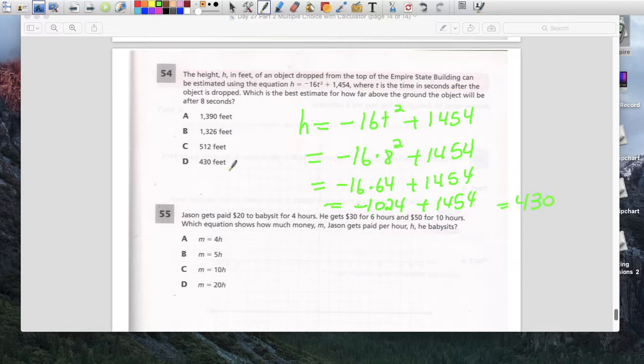You can ignore this question, but if you wanted to attempt it, that would be how far it dropped. In other words, after 8 seconds, this is how much the ball traveled. If the height of the Empire State Building is 1,454 feet, after 8 seconds the ball traveled that distance, and if you subtract the two, it means the ball is still 430 feet up in the air.